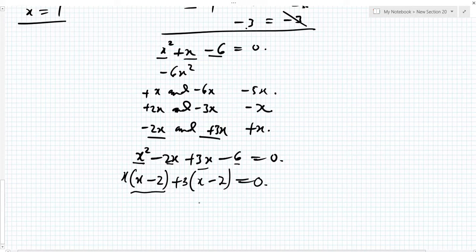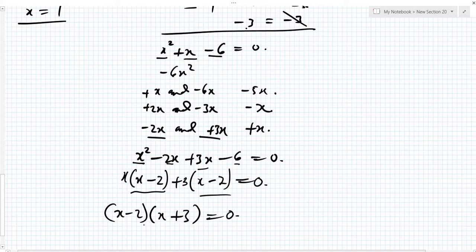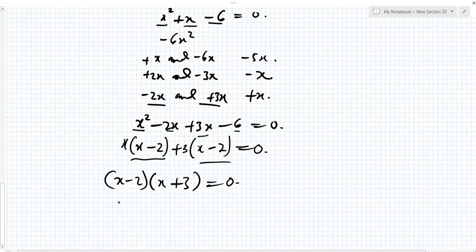Now you have x minus 2 as common factor, so you factorize it out. So if you divide this first term with x minus 2, you are left with x. If you divide this second term with x minus 2, you have plus 3 equal to 0. So you have x minus 2 equal to 0, or x plus 3 equal to 0.